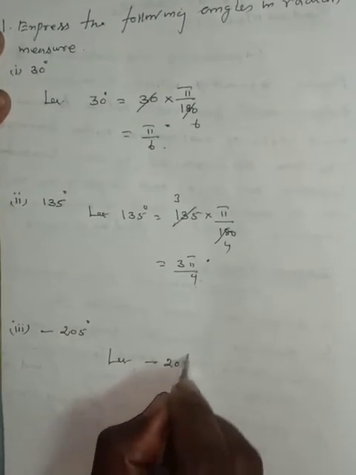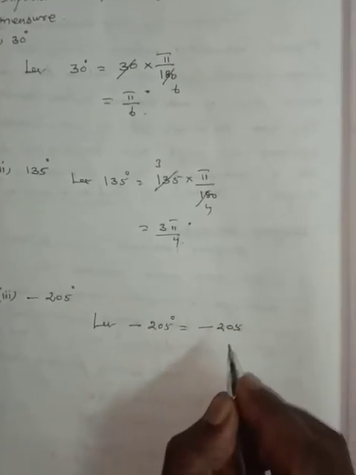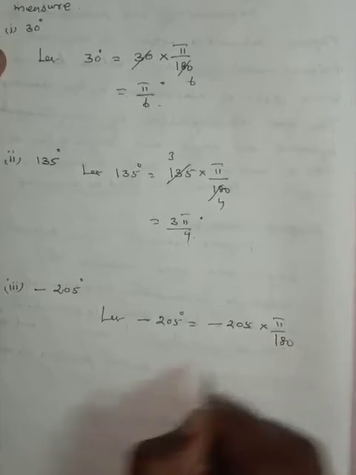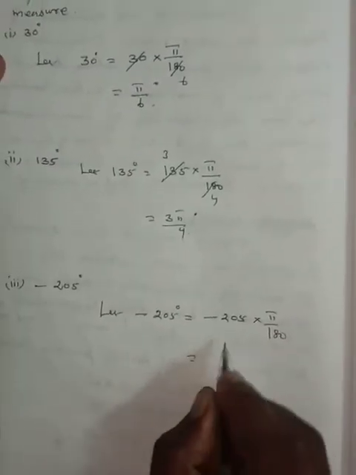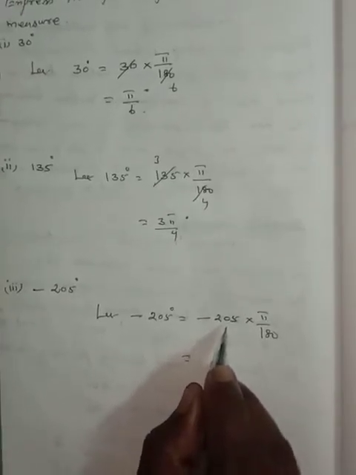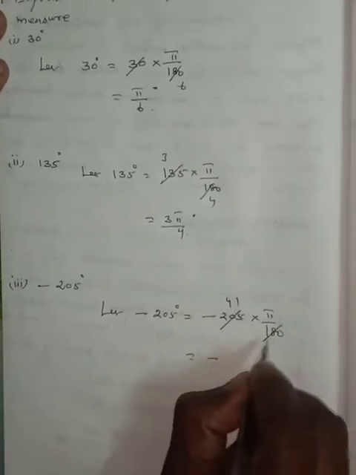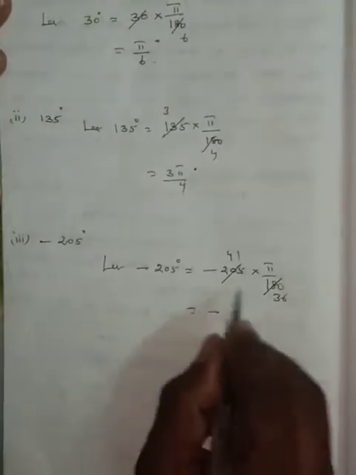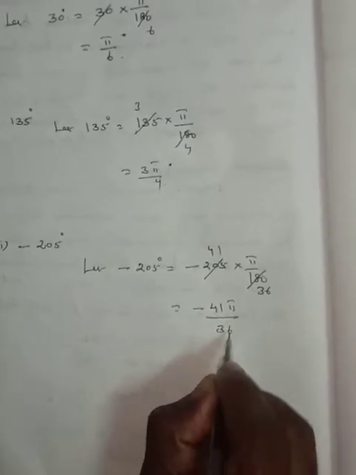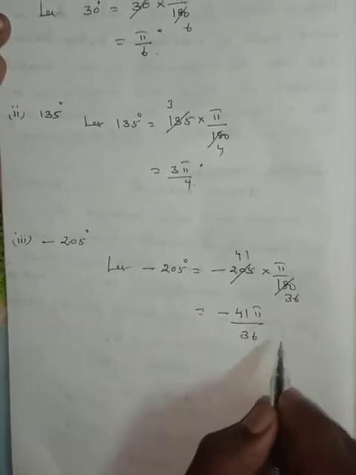Minus 205 degree is equal to minus 205 into pi divided by 180. 5 times 41 is 205, 5 times 36 is 180. So minus 41 pi divided by 36.